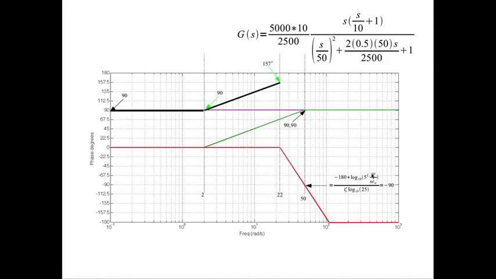Zeta is 0.5, omega is 50, omega n is also 50, so this ends up being minus 90. Add everything up, you should get 90. Then you can join this line.